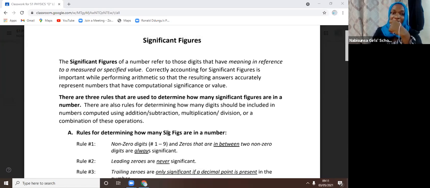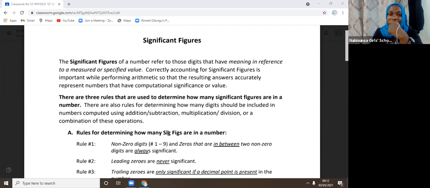We have now differentiated numbers and digits and figures, not so? So when I talk about important figures or important digits, you understand what I mean?